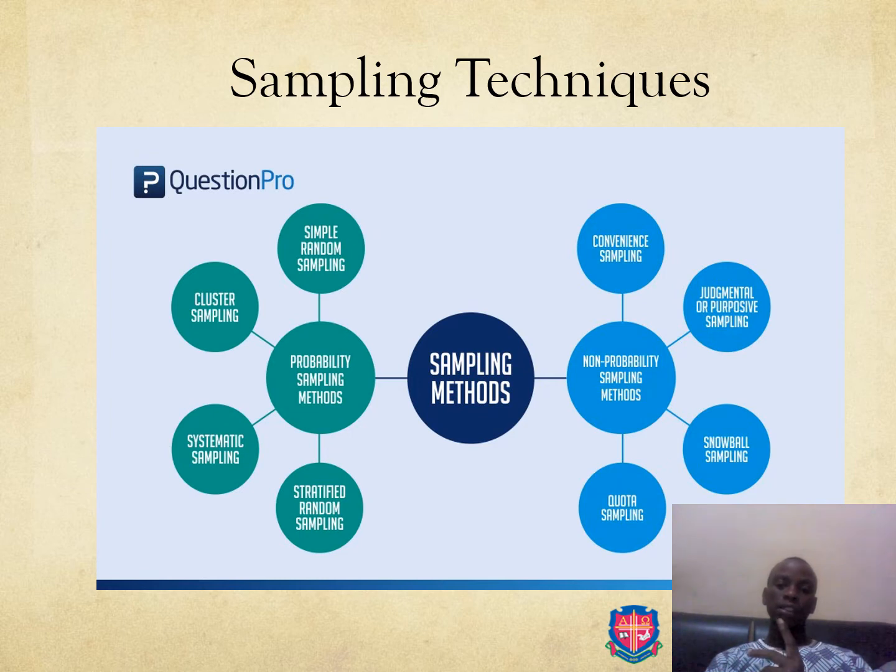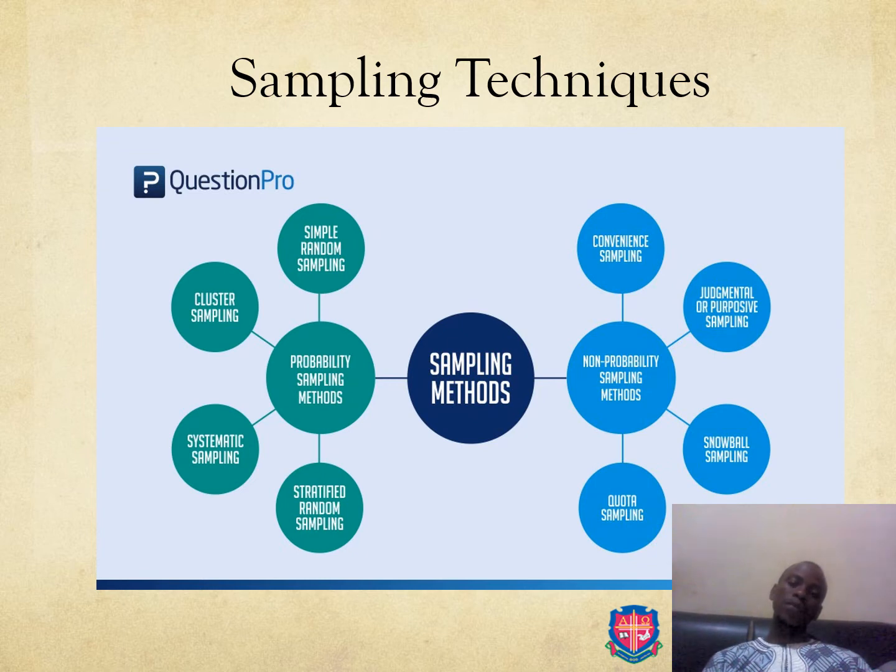I repeat, let's not confuse simple random sampling with random sampling. Simple random sampling is a subset of random sampling.